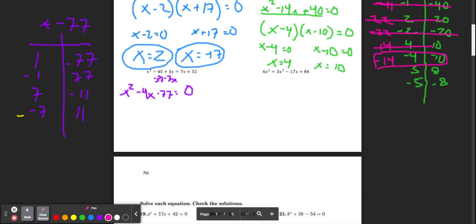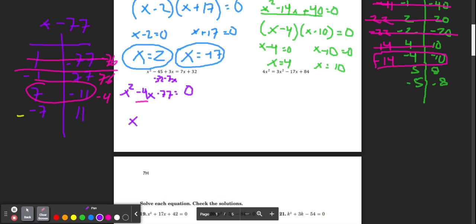All right. So as we look at these, 1 plus negative 77 is negative 76. That's out, because we want to add to negative 4. Negative 1 plus 77 is 76. That's out. 7 plus negative 11 is negative 4, and we have our winners. Okay? 7 and negative 11 because they add to negative 4.